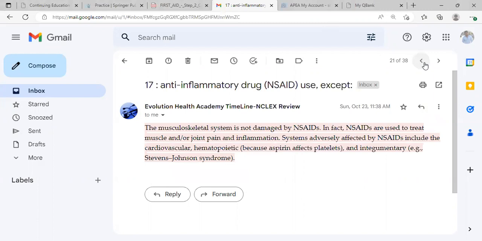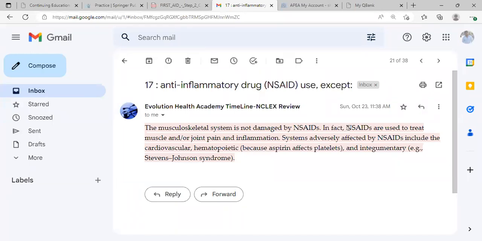What next? A question or information about the musculoskeletal system. The musculoskeletal system is not damaged by NSAIDs. The person who has some complication or disease related to the musculoskeletal system, if you give them a non-steroidal anti-inflammatory medication, it is not bad for them.